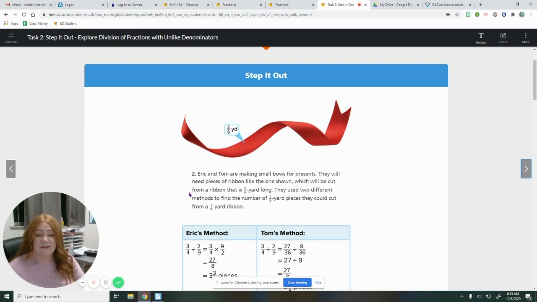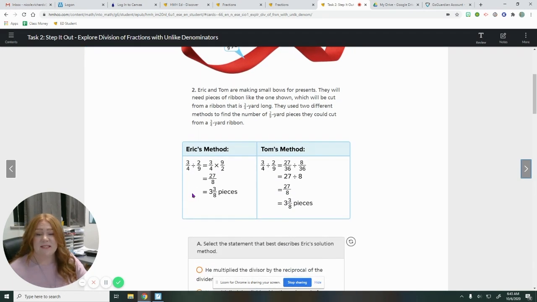They each used a different method to figure out how many pieces they could cut. So let's take a look here. So Eric had 3/4, and he divided it by 2/9. And I can see here, he used the copy dot flop method. So 3/4, so he times by the reciprocal.